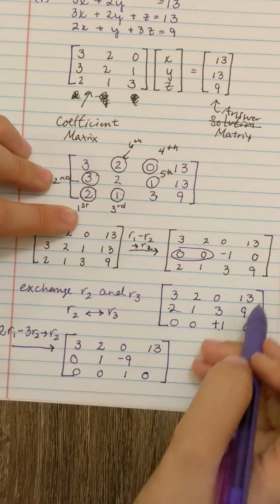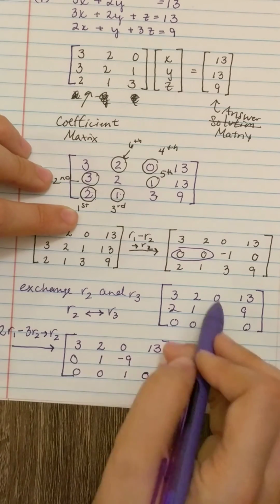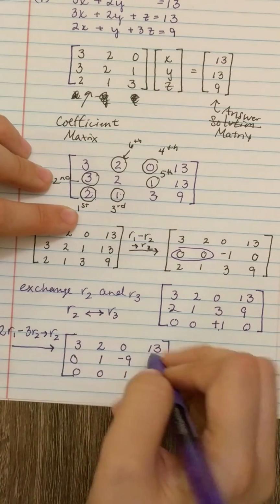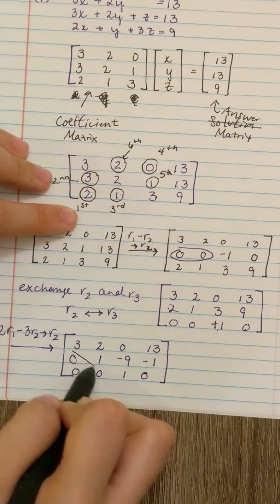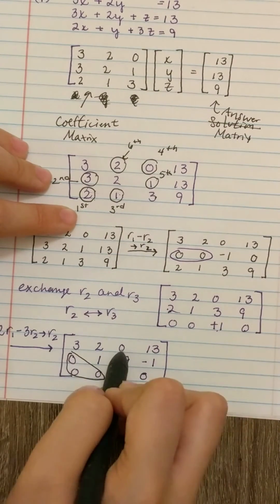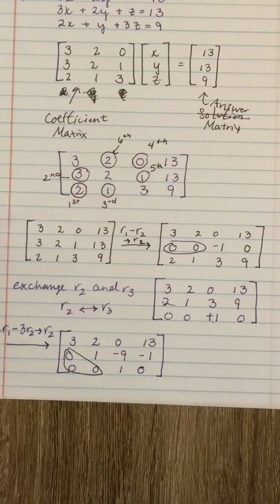And then 2 times 13 is 26, minus 3 times 9, that's 26 minus 27, so that's -1. And so I have my lower triangle. And I have a 0 here, so I just have 2 more row operations, and I should be looking at my answer.